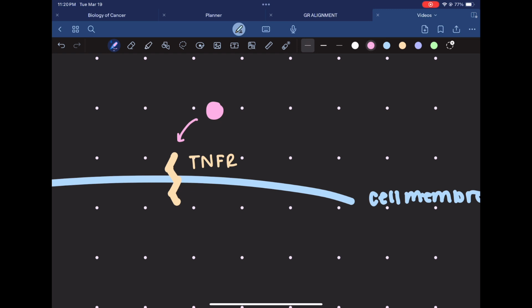An example of this is dulanermin, which is a TRAIL ligand analog that mimics that TNF molecule and can bind to the TNF receptor, leading to this downstream apoptotic signaling pathway.